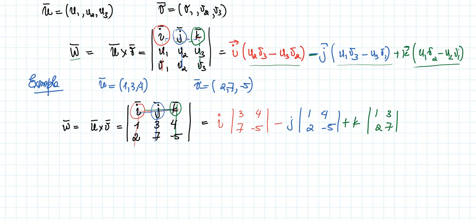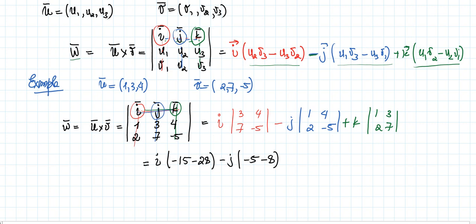And finding the determinants of the 2 by 2 matrices which we obtain is straightforward, right? So this is going to be I multiplied by minus 15 minus 28, right? Minus J multiplied by minus 5 minus 8, right? Plus K multiplied by 7 minus 6, okay?